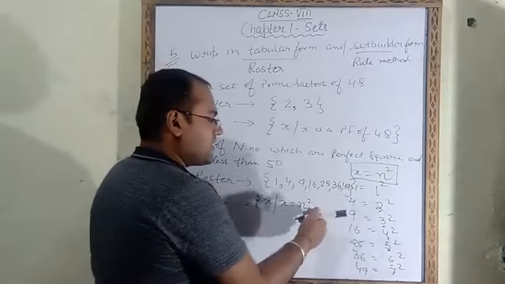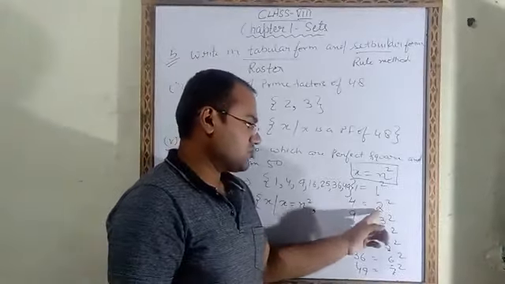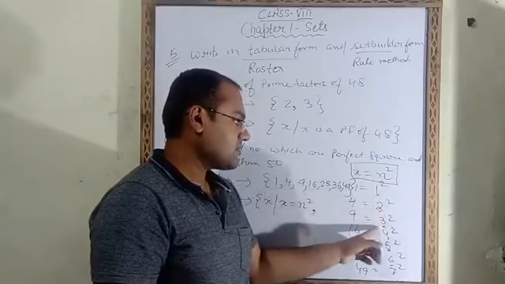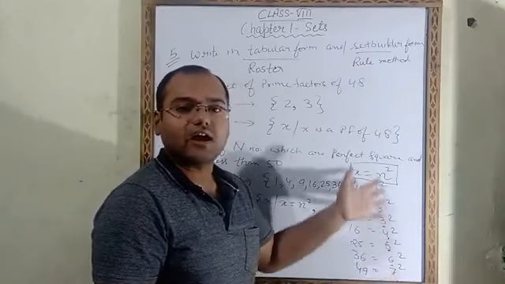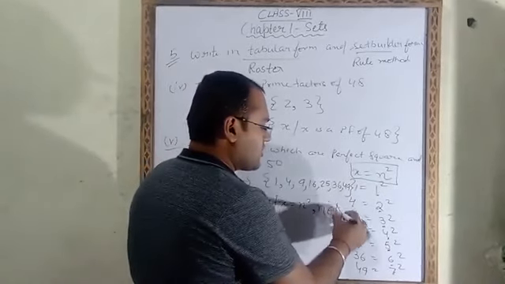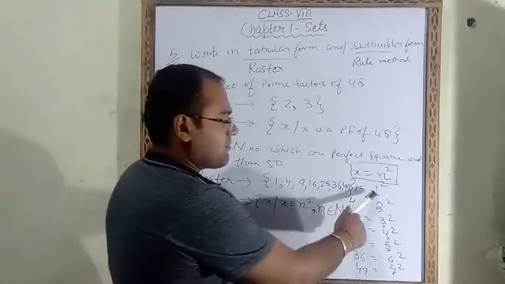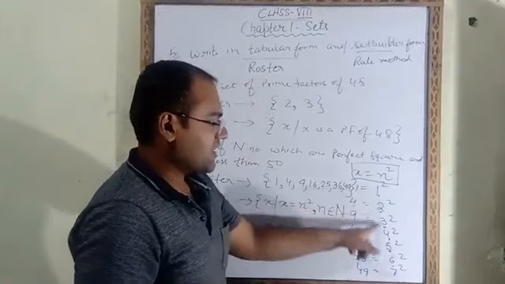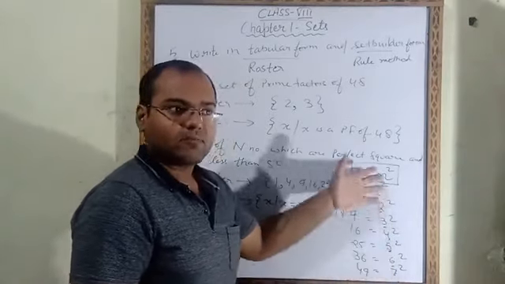Now what is this n? We have to mention here what this n is. n is 1, n is 2, n is 3. So n values are natural numbers, 1, 2, 3, 4, 5, 6, 7. So we have to mention here this n belongs to natural number, natural meaning capital N. And what is the maximum value here?